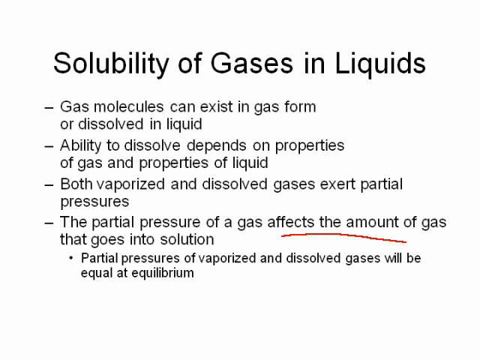So the partial pressure of a gas affects the amount of the gas that goes into solution. The partial pressures of vaporized and dissolved gases will be equal at an equilibrium point.